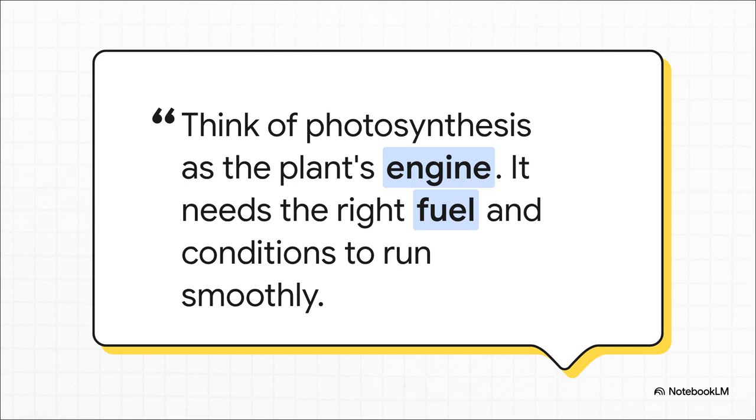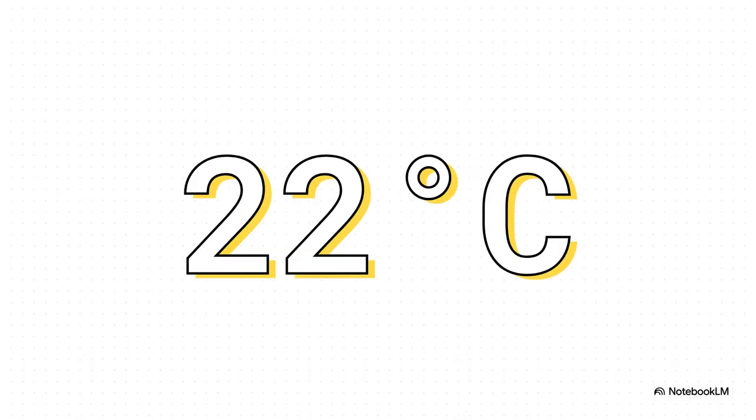But just like the engine in your car, it has optimal conditions. If it gets too hot or too cold, or if it doesn't have enough fuel, that engine just starts to sputter. And the model knows the exact sweet spot. The perfect temperature for our lettuce's engine, 22 degrees Celsius. That's its happy place. That number is hard-coded right into the system for peak performance.